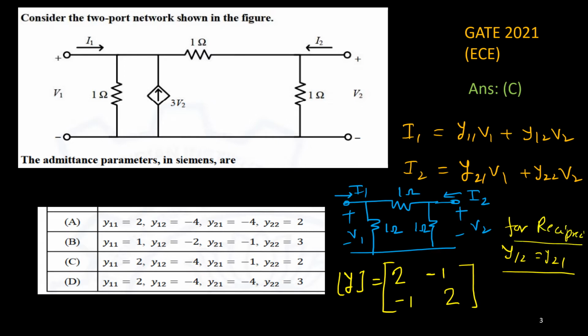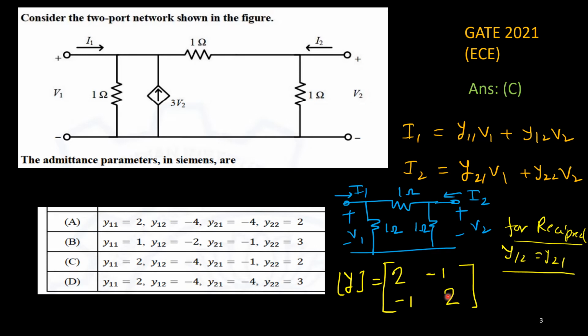If there is no dependent source, only resistances, then obviously it is a reciprocal network, and you will get Y12 equal to Y21. Now in this case, the circuit has one dependent source. Because of this, you may get a non-reciprocal network, so these two could be different. That is one thing we can conclude.